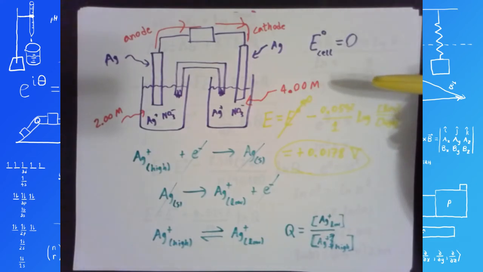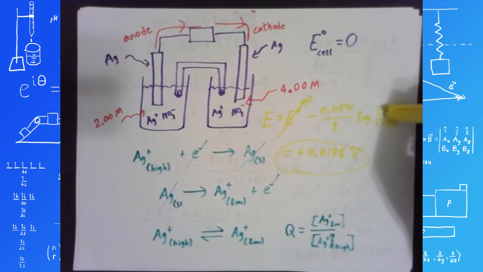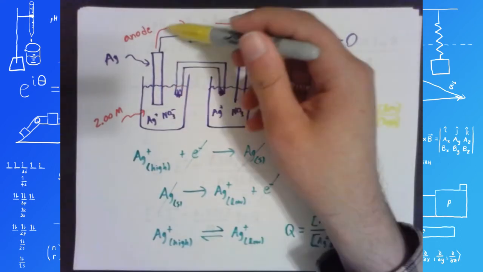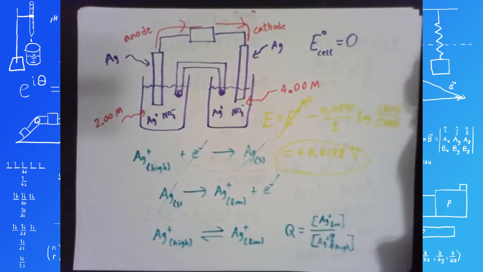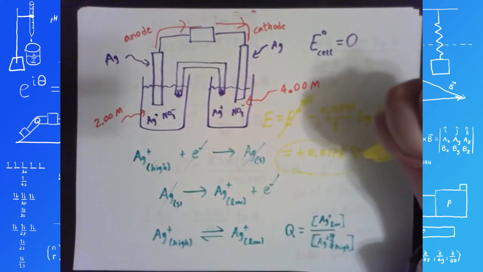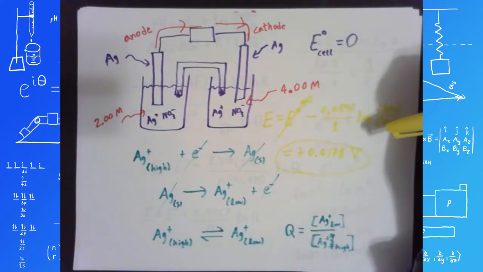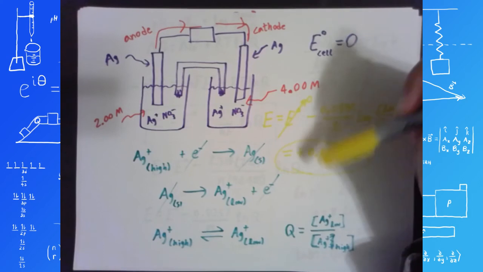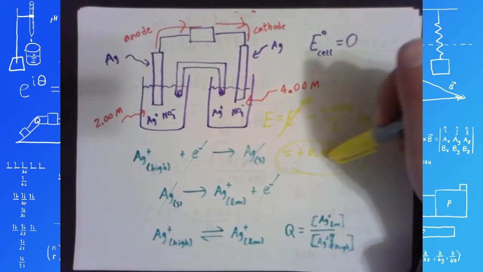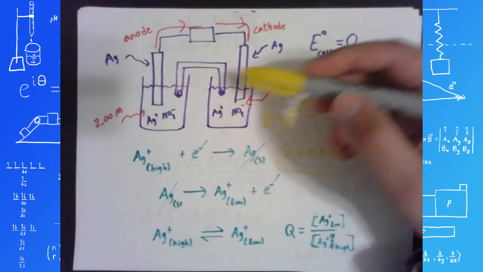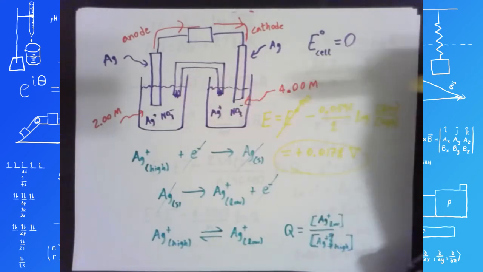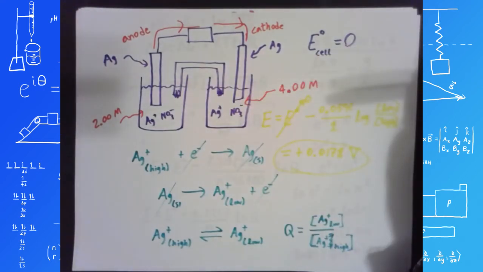Well, I wouldn't say you run out of material, but the ratios just balance out and electricity stops flowing. The voltage starts at a high of 0.0178, which isn't really that high to begin with, and just diminishes gradually as these concentrations change until it eventually goes to 0.